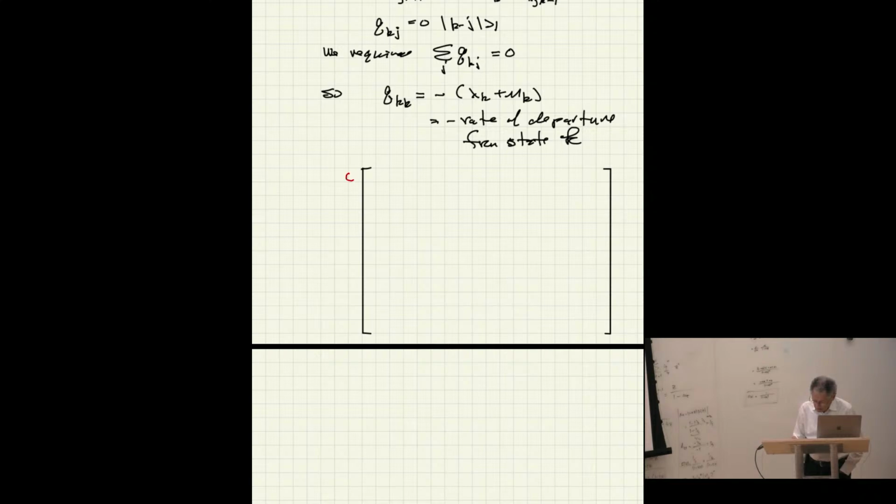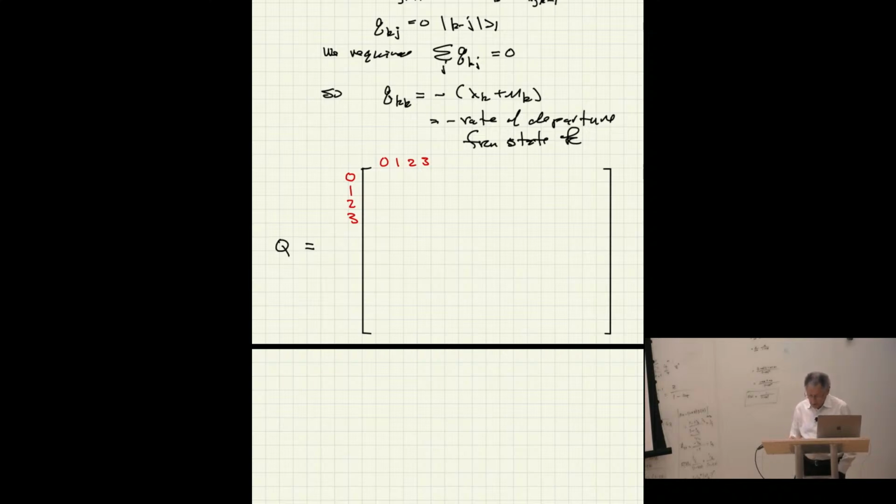This is row 0, 1, 2, down 3. Similarly, this is column 0, 1, 2, 3, etc. And now I want to write down this Q matrix. So let's take a simple one.